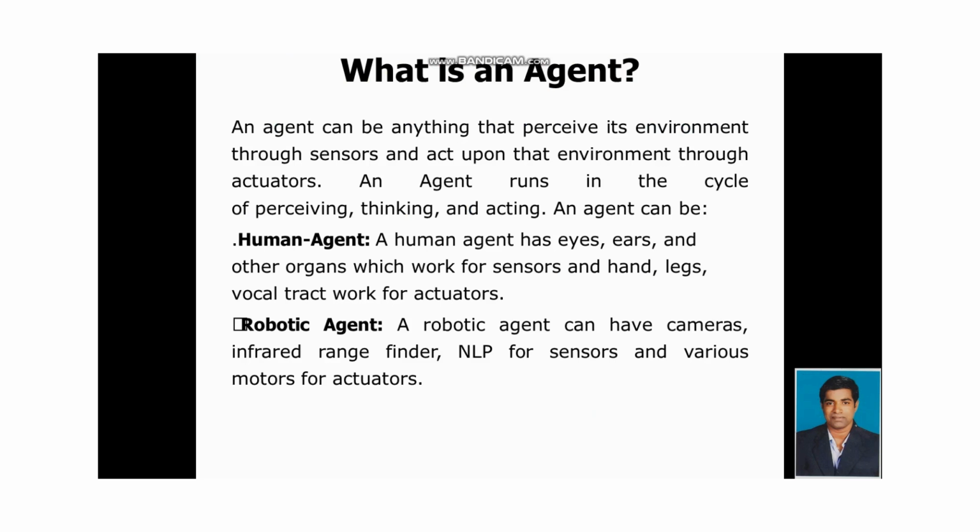Human agent: a human agent has eyes, ears, and other organs which work as sensors, and hands, legs, and the vocal tract work as actuators. Robotic agent: a robotic agent can have cameras, infrared range finders, and NLP as sensors, and various motors as actuators.